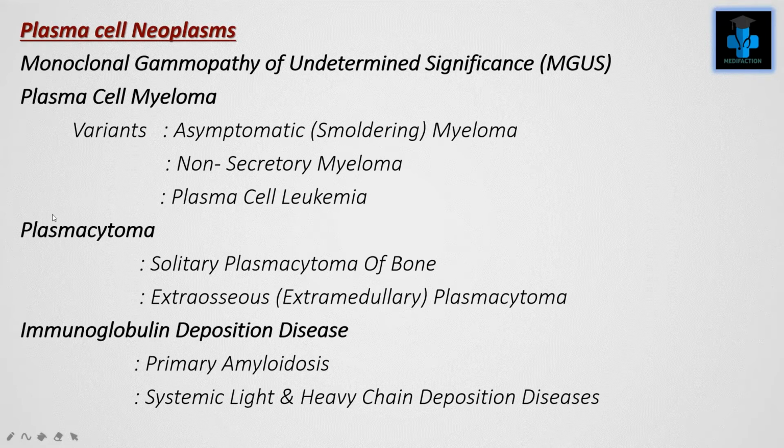Another classification is plasmacytoma, which possesses variants such as solitary plasmacytoma of bone and extraosseous plasmacytoma. And also we have immunoglobulin deposition disease, which comprises primary amyloidosis and systemic light and heavy chain deposition diseases.